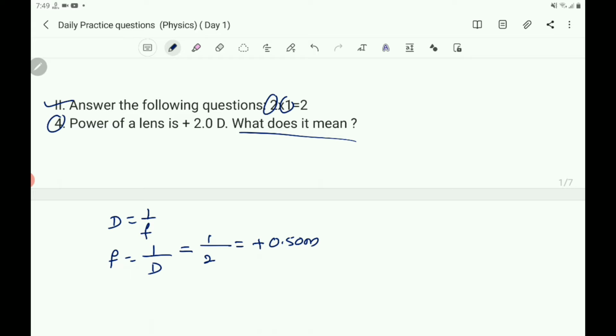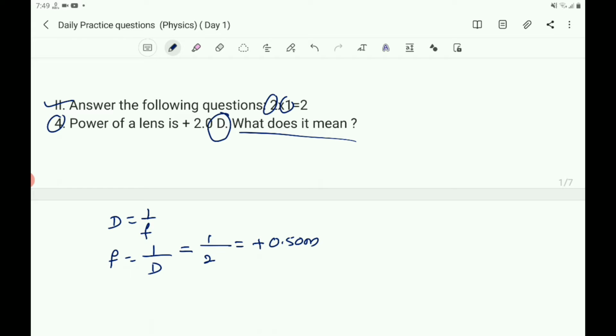So opticians prescribe corrective lenses indicating their powers. You know what is power? The SI unit of power of lens is diopter, and it is denoted by the letter D. And what is the power of the lens? It is the ability of a lens to converge or diverge light rays, depends on its focal length.